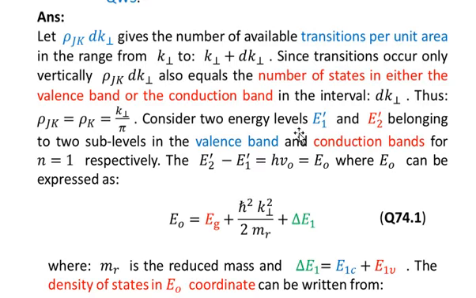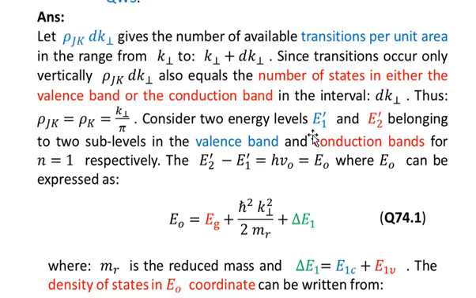Consider two energy levels E1 prime and E2 prime belonging to two sub-levels in the valence band and the conduction band for n is equal to 1 respectively. You see that here we are using the word sub-levels. It means that these are the levels which are formed in the quantum wells of the valence band and the conduction band.